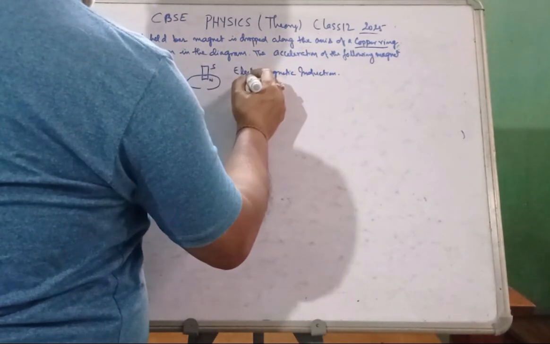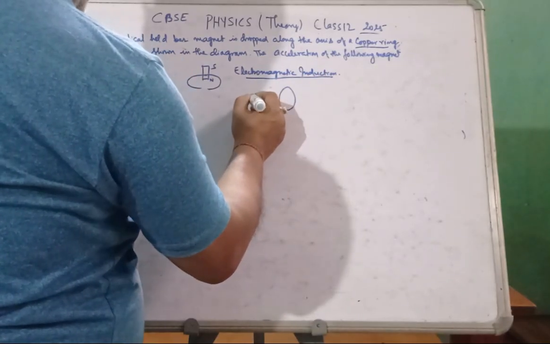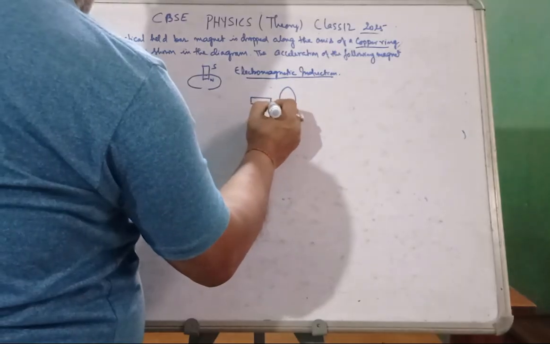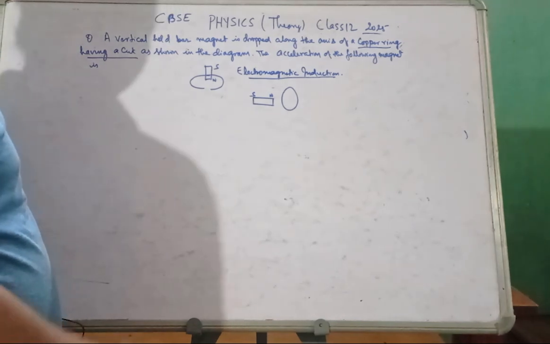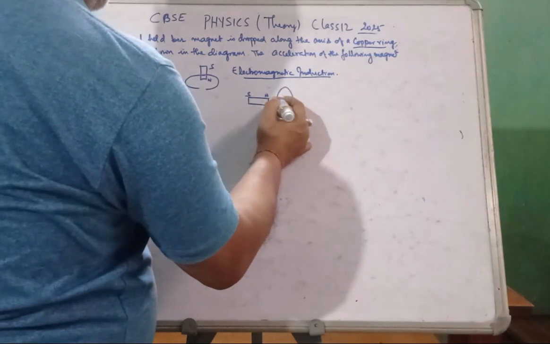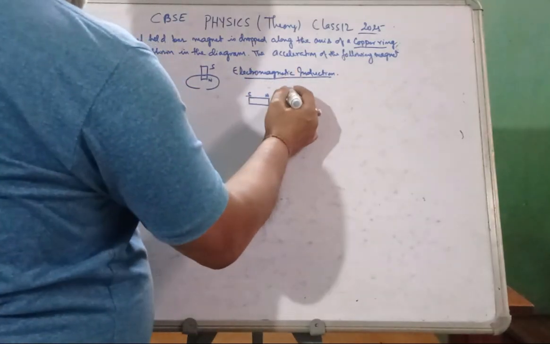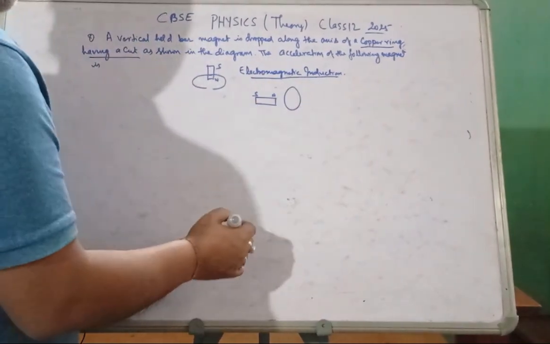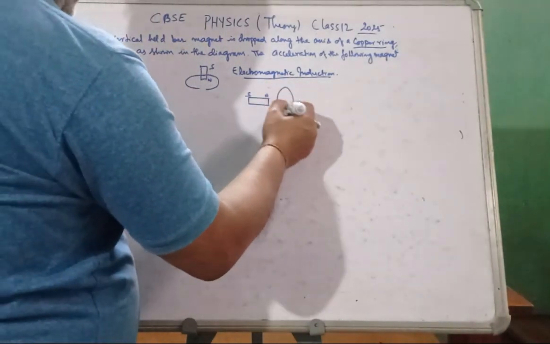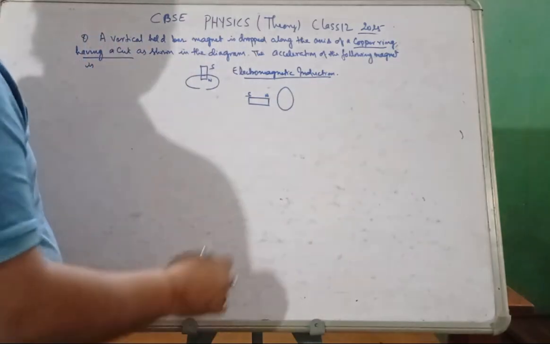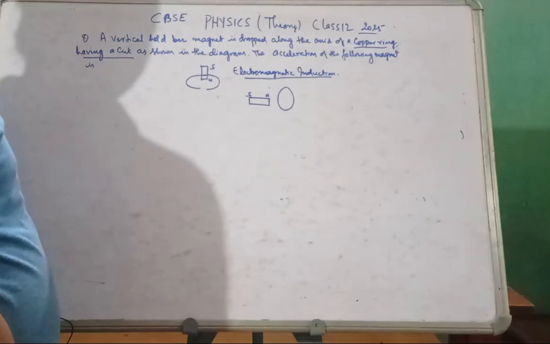Electromagnetic induction occurs only when there is a closed loop and the bar magnet passes through this closed loop. Then only current will flow through this loop, that means an induced EMF is produced.